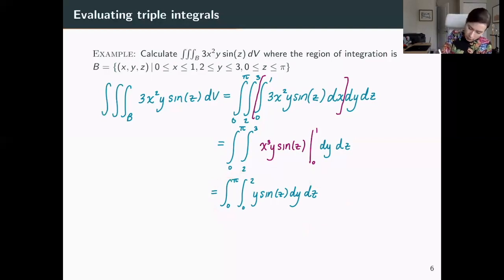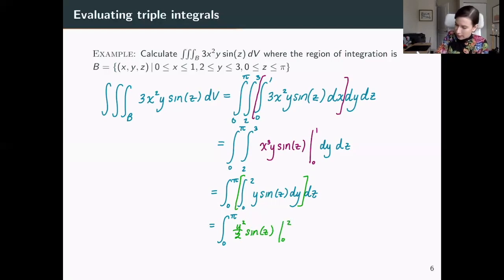So we've got 0 to pi, and y sine of z dy is the integral we now focus on. That gives me y squared over 2 sine of z evaluated from 2 to 3.